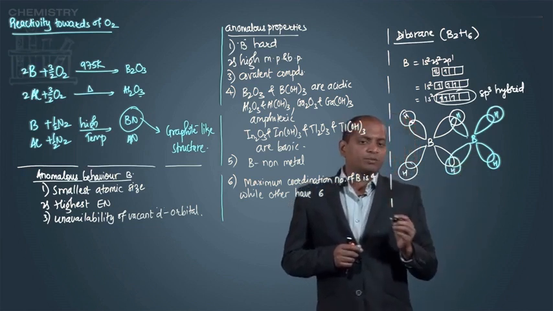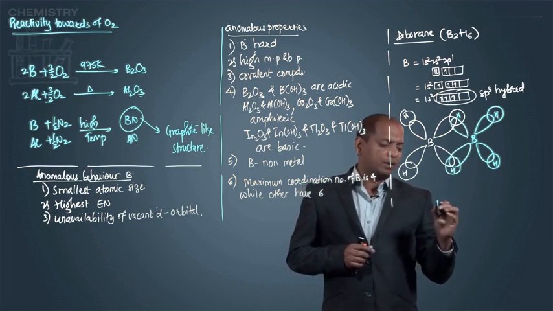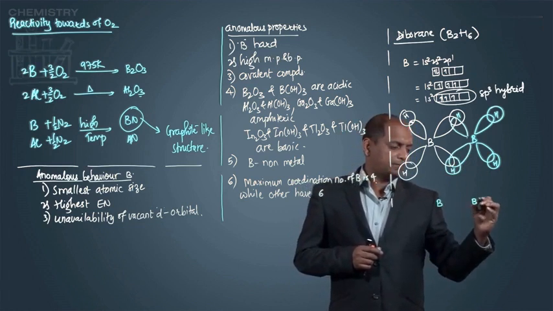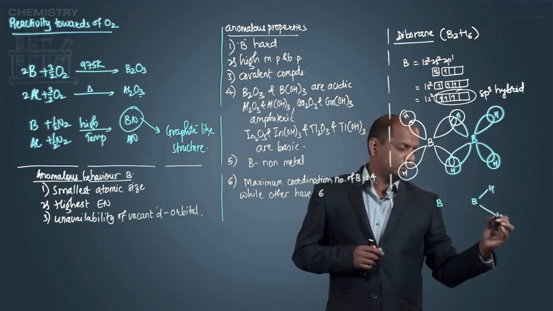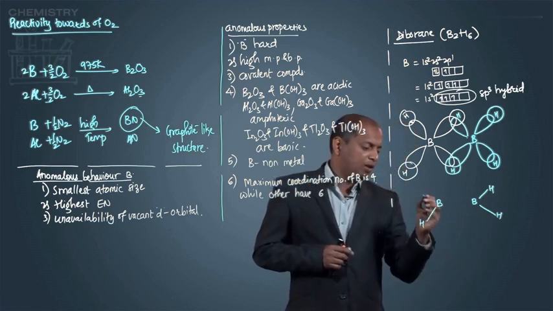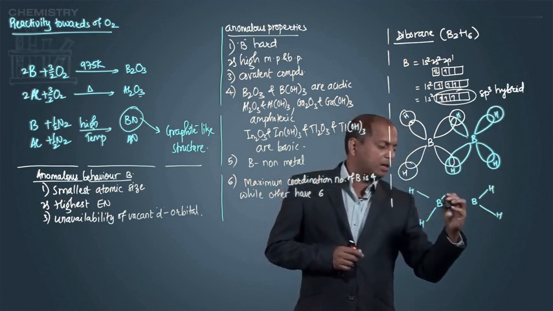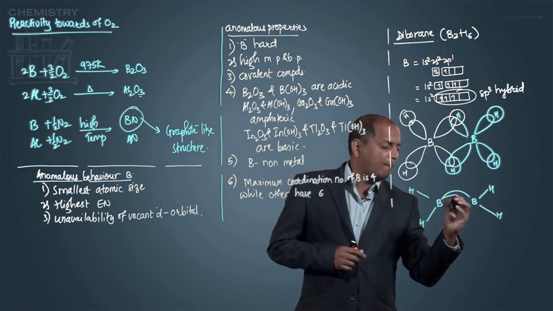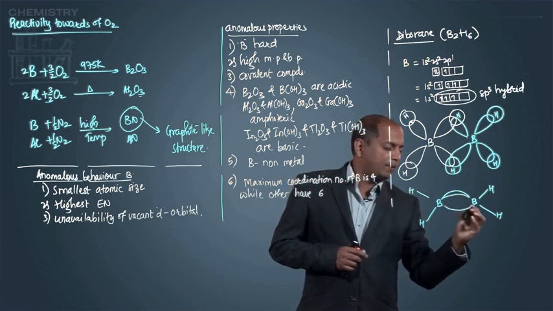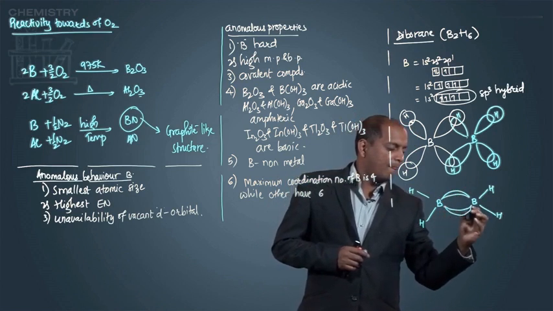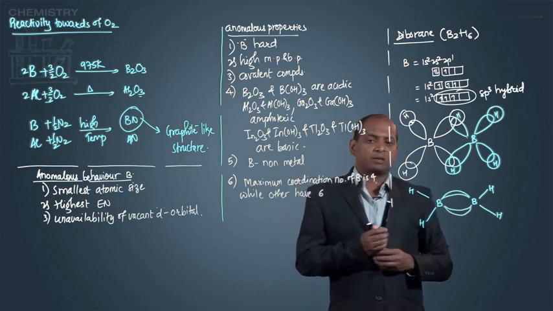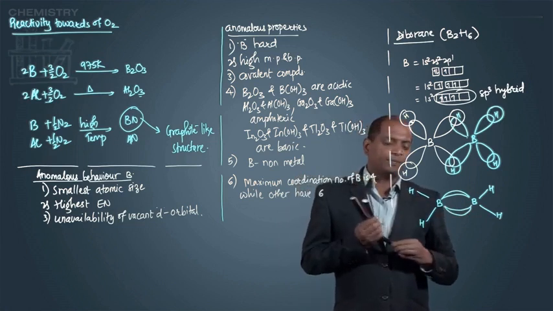Now if you observe the structure, it is like this. The electron density is lying this way, where two hydrogen atoms are placed.